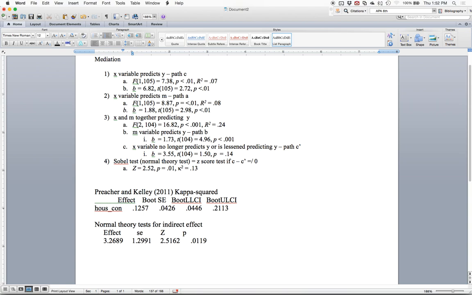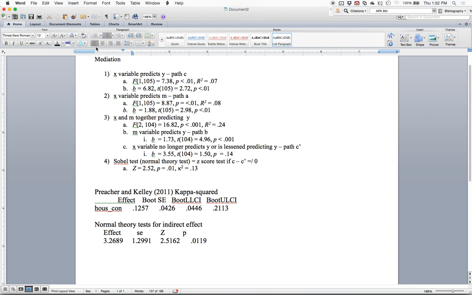What do I want to report in my outputs? Well, generally, if you want to report the F statistics, they can go in a table. Most people list the T values that I've included to show which ones are significant, which ones are not, for sure. And then a little chart of that relationship. So making that triangle picture of X, M, and Y, and including those B paths on there is a great picture for this.